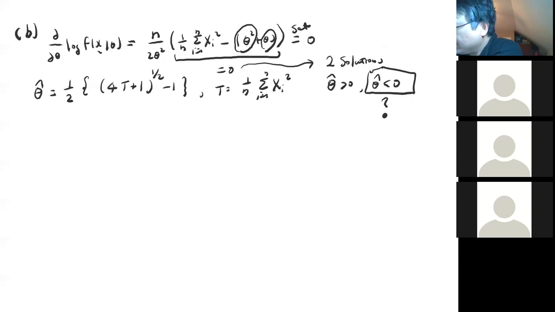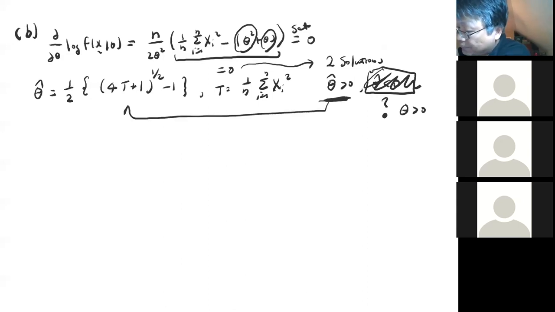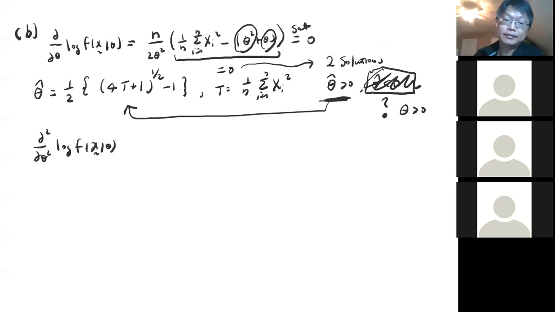The reason for that is theta is a variance, bigger than 0, so you don't need the negative solution. Only the positive one, you keep it, the solution right here. Good. Of course, you need to derive again. It's right here. I think it's not hard to derive the second derivative and show that it's what?